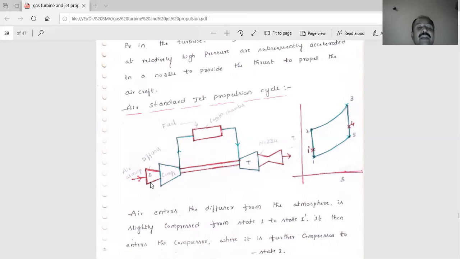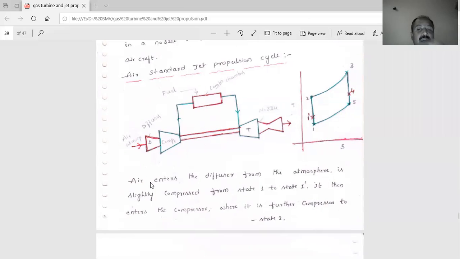Air enters the diffuser from the atmosphere. The function of the diffuser is to compress the air to high pressure air, which is once again passed to the compressor, and then a highly compressed air is passed to the combustion chamber.